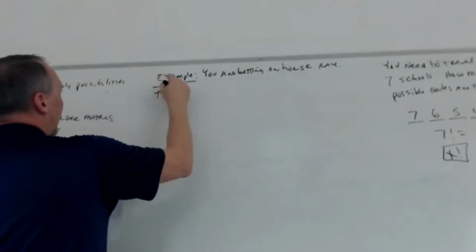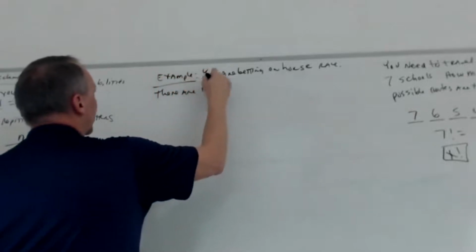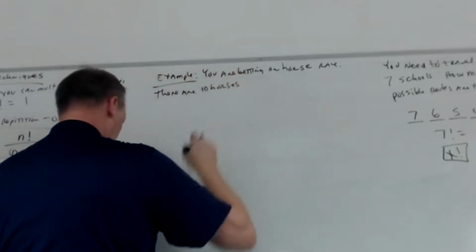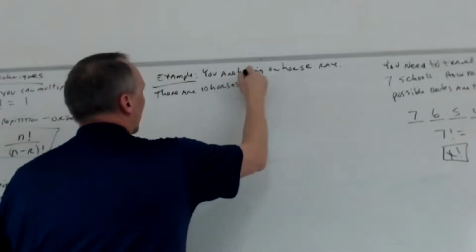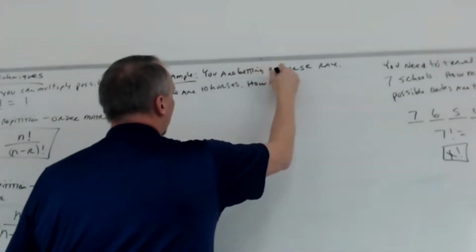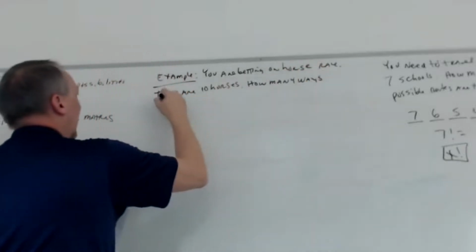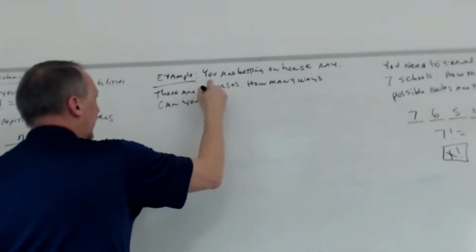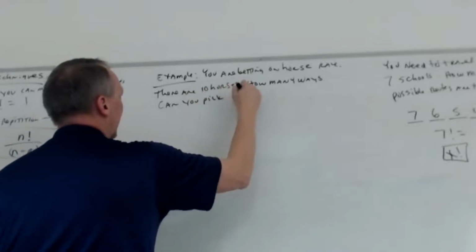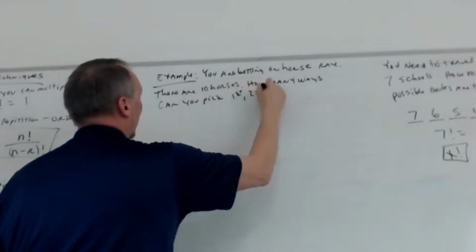There are 10 horses. How many ways can you pick first, second, and third?